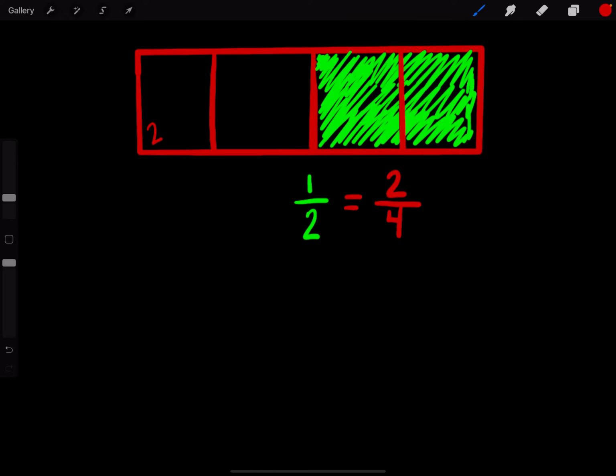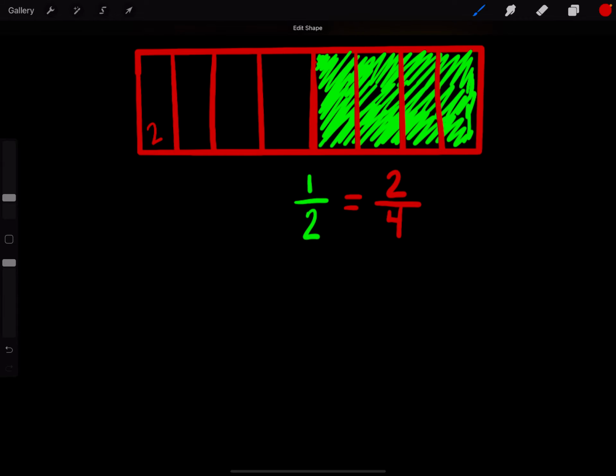Okay, guys. Now what if we fold your paper back up, and we fold it in half one more time? So your paper should look like this. What did we change that fraction to? We no longer are looking at halves or fourths.